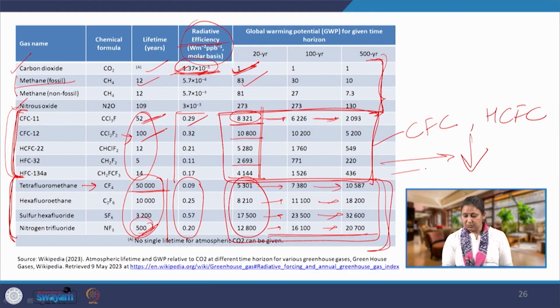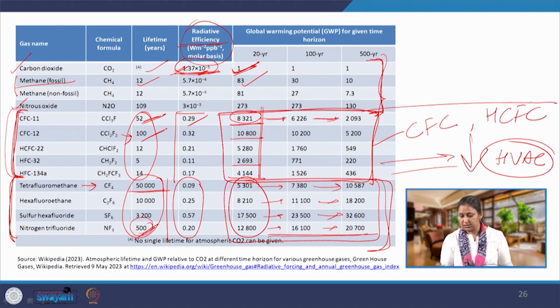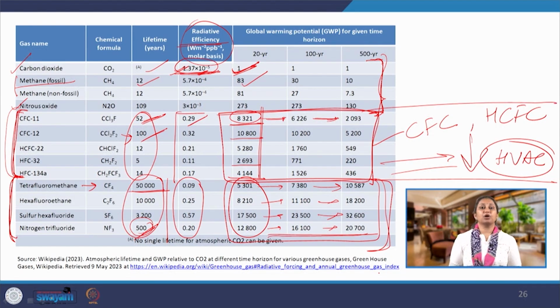So, we have to reduce our dependence on HVAC if we want to reduce the CFCs and HCFCs, and for all the fluorides we have to reduce the industrialization processes. That is what our second intent should be. That is actually the third scope of the greenhouse gas emissions protocol.